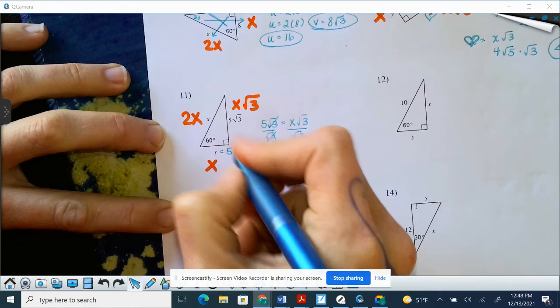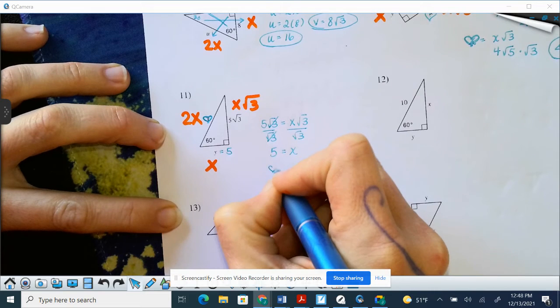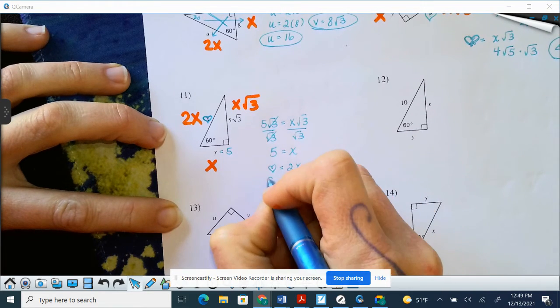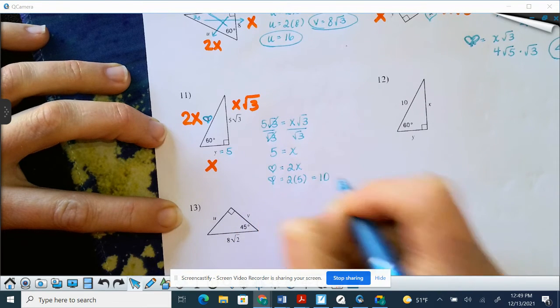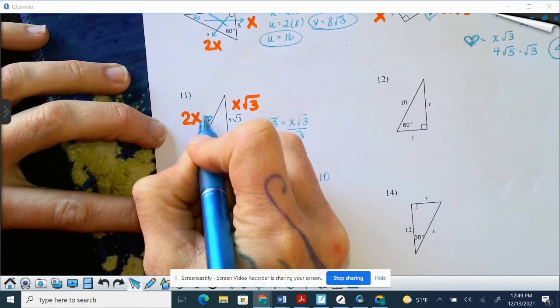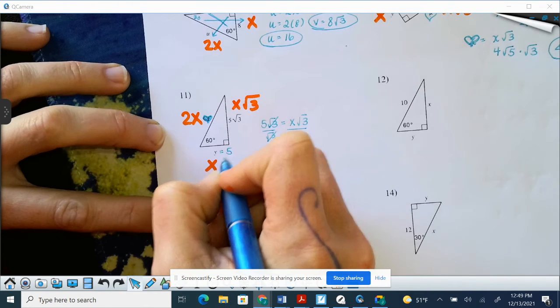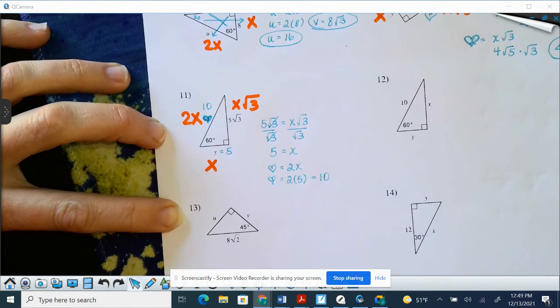So again, I can call this side heart to make it a little easier. If our heart side, or hypotenuse, is equal to 2x, and we know x is 5, then heart is going to equal 2 times 5, which is going to give me 10. So the hypotenuse for this triangle is equal to 10. So since this is 5, this is going to be 10, and then this obviously was already given.